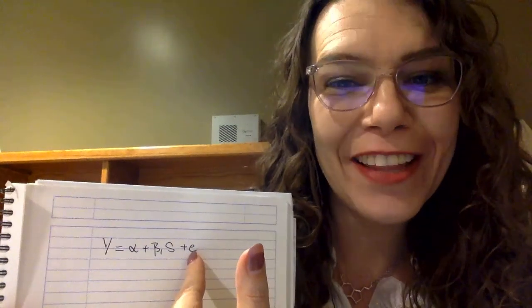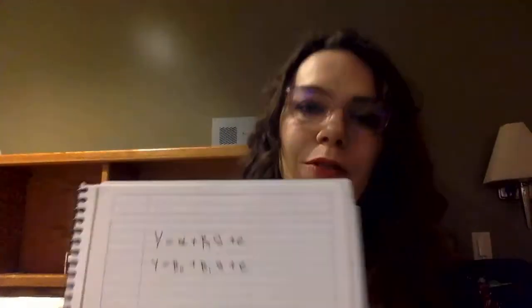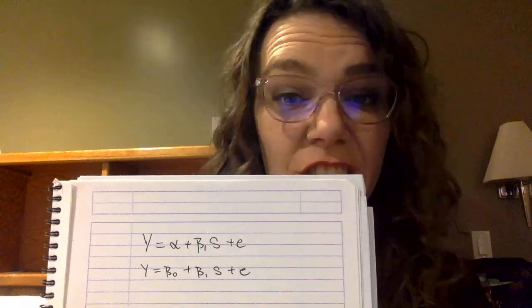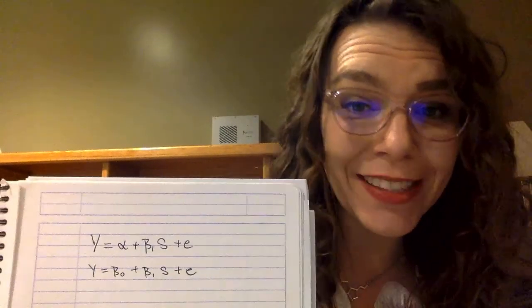You could also write it out with any letter as a variable. You could use any other Greek letter. You could do beta naught as the constant and beta 1 as the coefficient for s. That's still perfectly functional. If you used other variables, that's fine too.